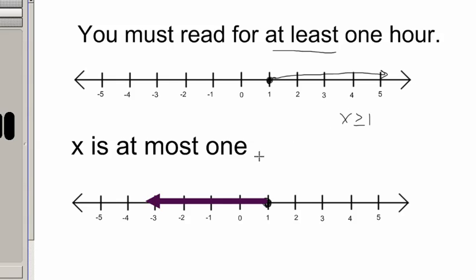And if I were to write this inequality, it would be x is less than or equal to 1. At most means less than or equal to. For me, it's easier to draw the graph and see, and then write the inequality. You might like to do it the other way around.